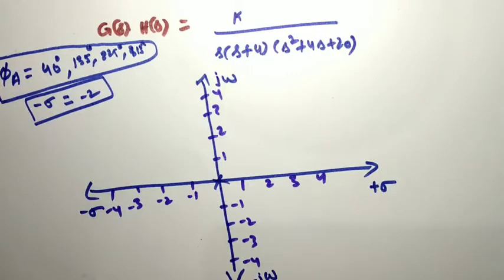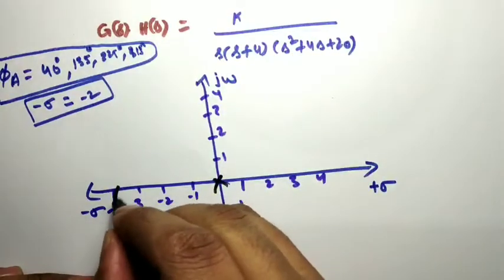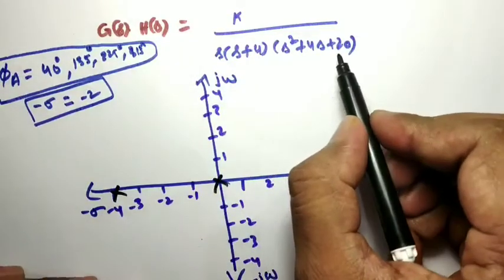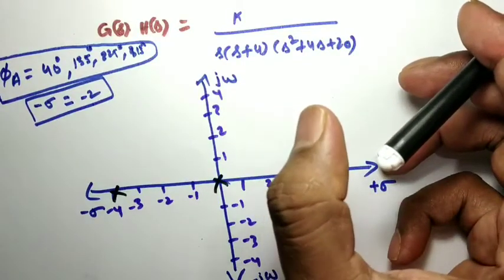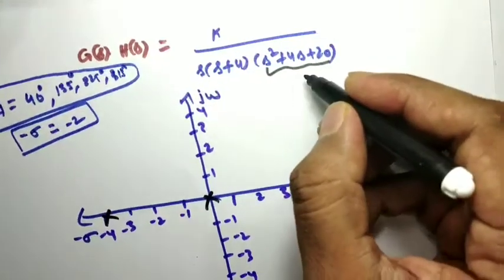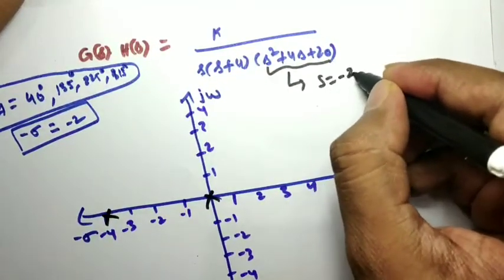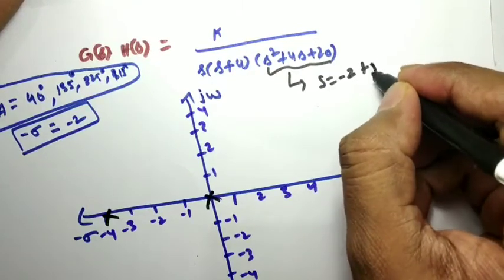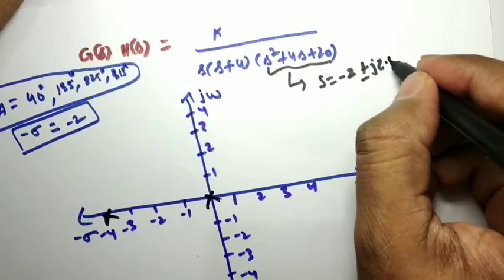Here I have located s equal to 0 and s equal to -4, and s squared plus 4s plus 2 equals 0. So what are the roots for this? For this you will get complex roots, that is s equal to -2 plus or minus j 2.45.